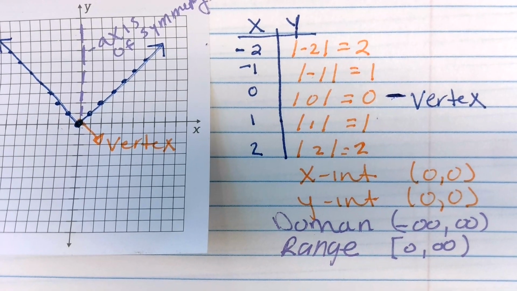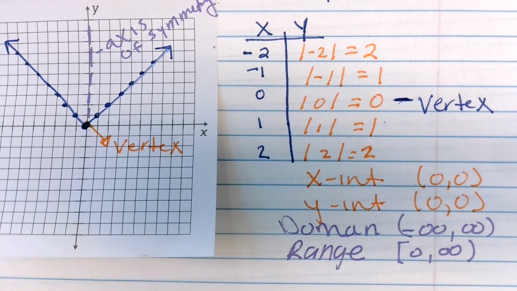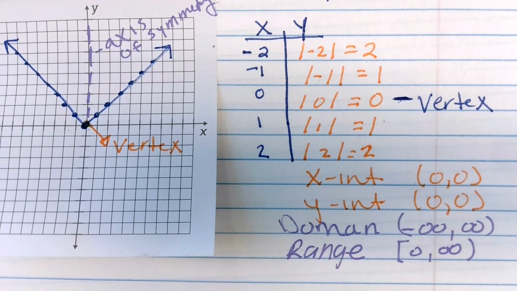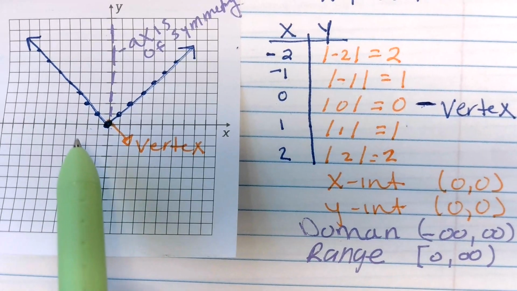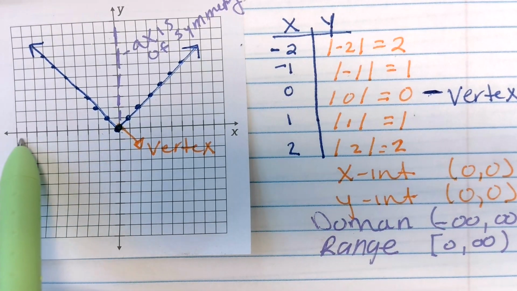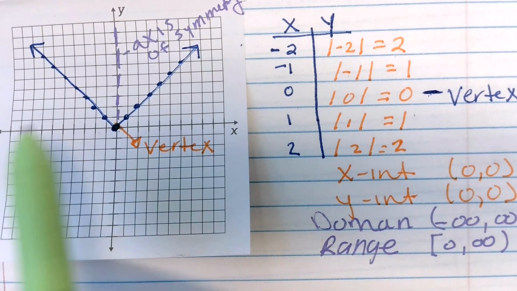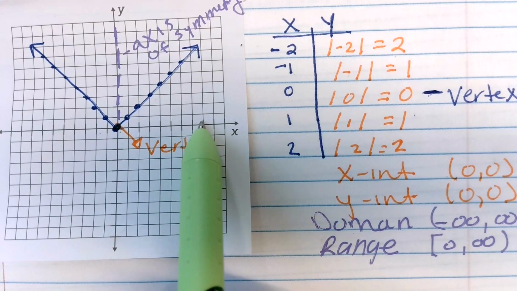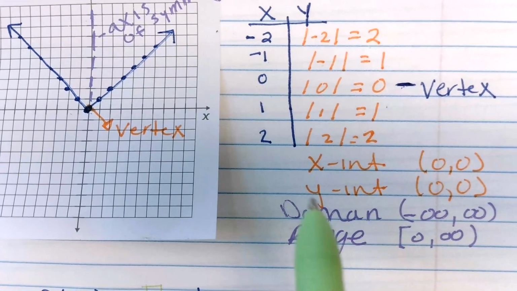That could change if we move the vertex around, so it's important that you know the parent function starts at 0. The domain is all available x's, so I can continue on this way and find x's in the negative direction, and continue on this way and find x's in the positive direction.